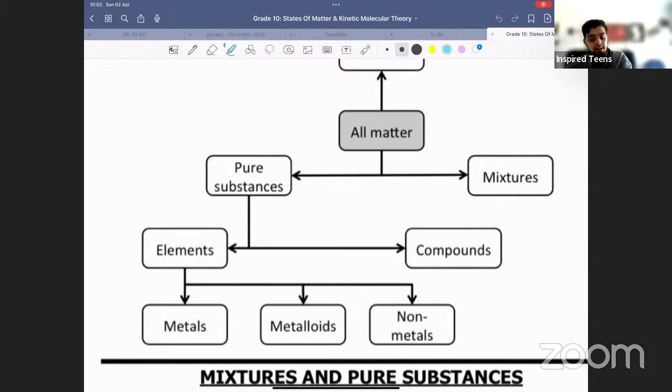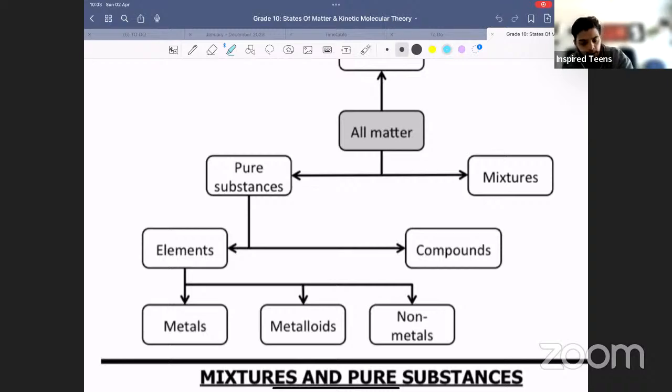That's what we deal with in chemistry, actually. We deal with elements from the periodic table, and then compounds, which we get when we combine multiple elements from the periodic table. The elements can be further separated into their different kinds: metals, metalloids, and non-metals.